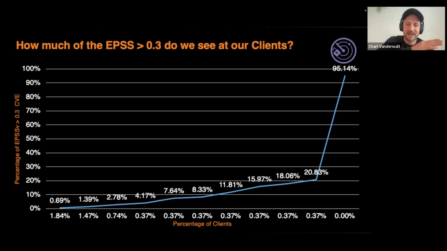But then again, like with the KEV score, you get this long tail. But overall, the number is that only about 2% of our clients would have been affected by a vulnerability with an EPSS probability score of higher than 0.3.